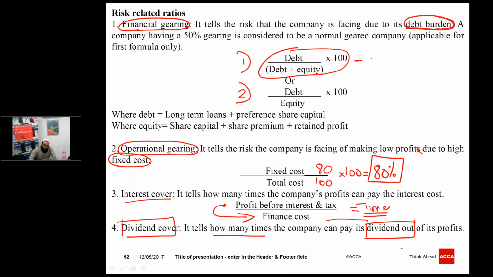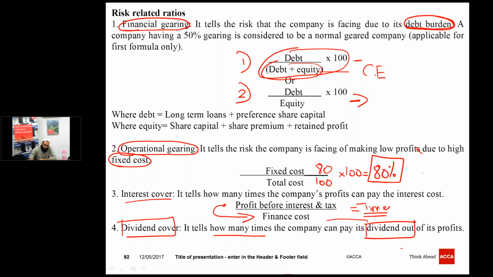The first formula tells how much percent debt is there in total capital employed, because when you add debt plus equity, you also get capital employed. So the first formula indicates how much percent debt the company has in its capital employed. The second formula indicates, as a percentage of equity, how much is debt.